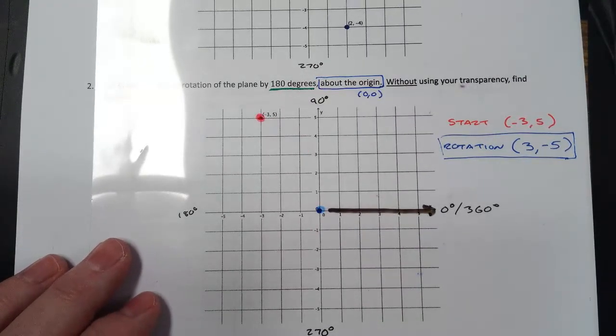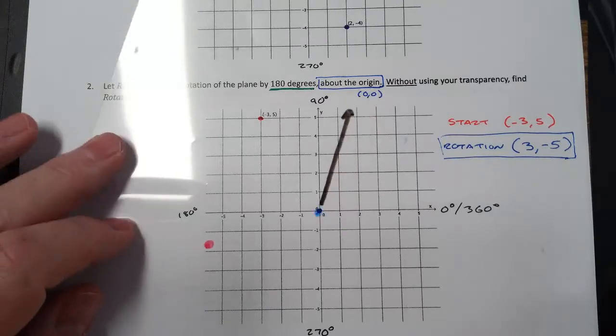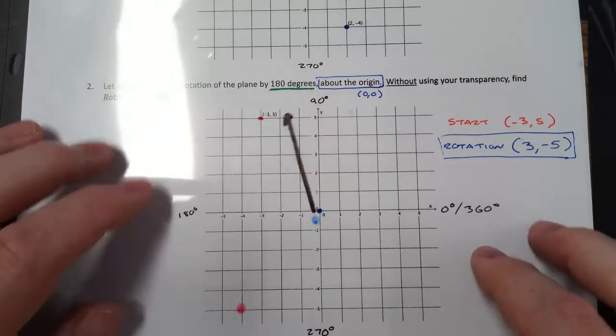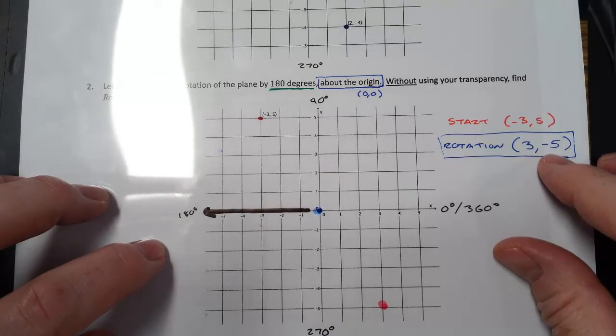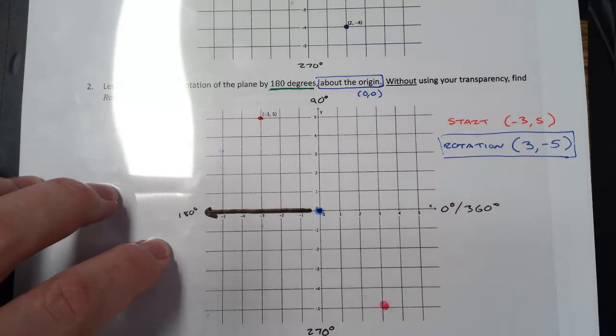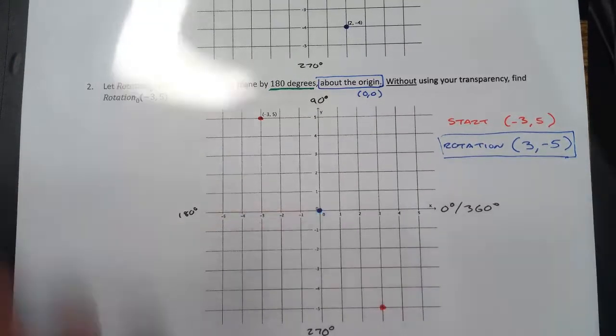So now I have everything labeled with my arrow pointing at 0. And I'm going to rotate 180 degrees. That's 90. That is 180. And let's put our new point where we stopped after the rotation, which is going to be right here.